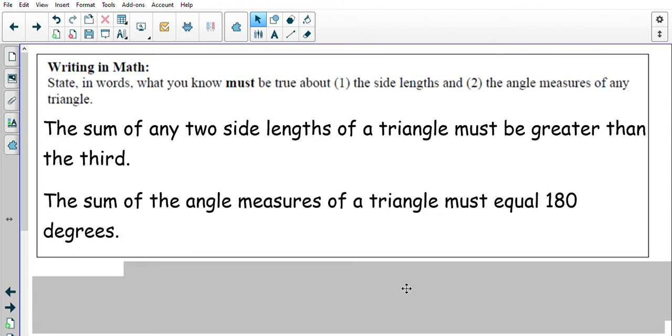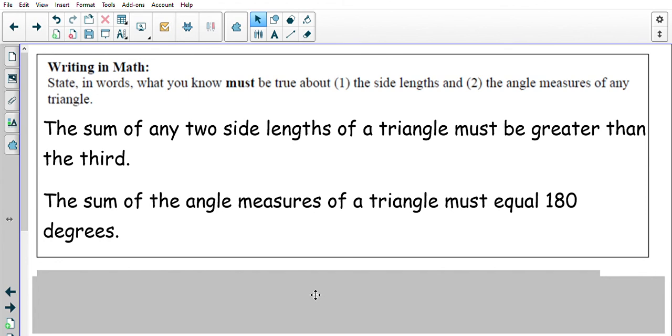And what about the angle measures? Well, the sum of the angle measures of a triangle must equal 180 degrees. These are two very different things. Are there relationships between side lengths and angle measures? Yes. But the inequality type of thing is for our side lengths. Adding up and setting equal to 180, that's for angle measures.